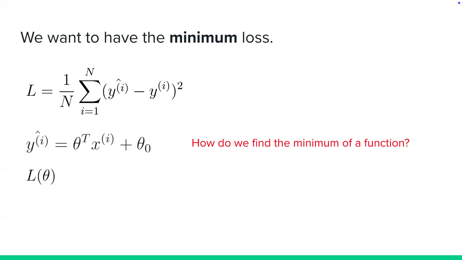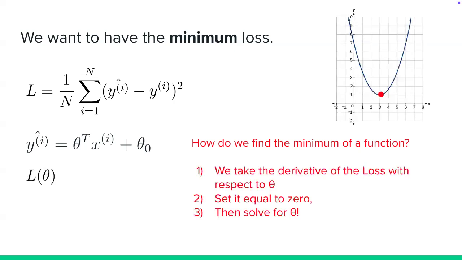To find the minimum of a function, we just take the derivative of the loss with respect to theta, set it equal to 0, and solve for theta. This is just like calculus class, where you have a quadratic function and you want to find the minimum.